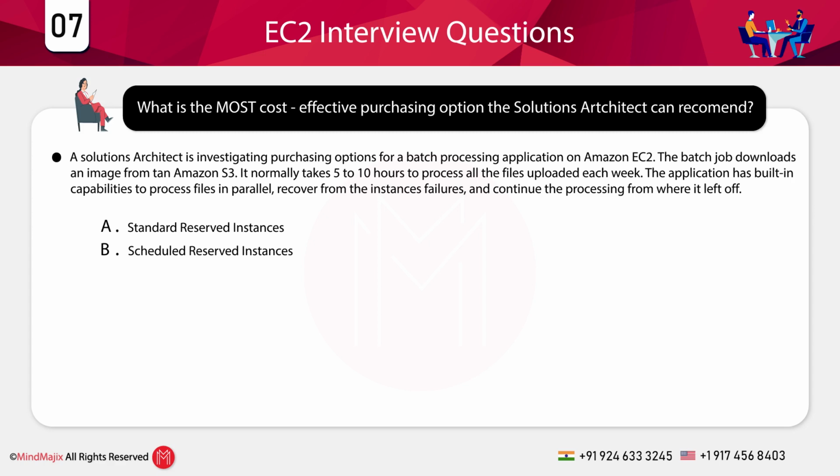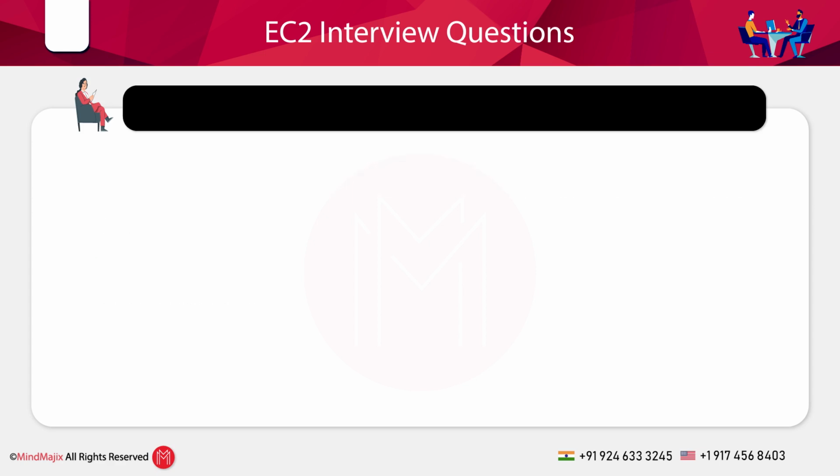Instead of standard reserved instances, scheduled reserved instances make more sense. Spot instances. Spot instances will be cheaper than scheduled reserved instances. So here the answer will be spot instances. D will not be the option because D will be the costlier one. So the answer is C.